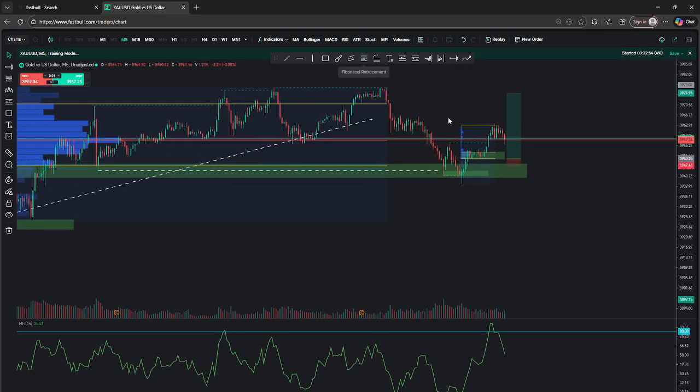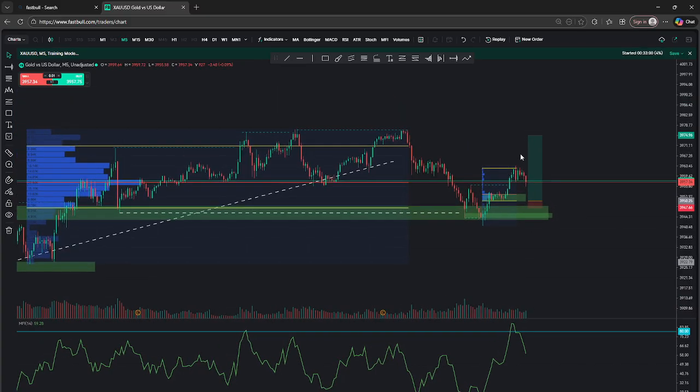We have to make sure this will be our first level. If that fails, we'll be targeting to take an entry from this level.